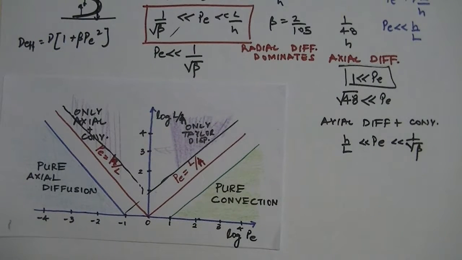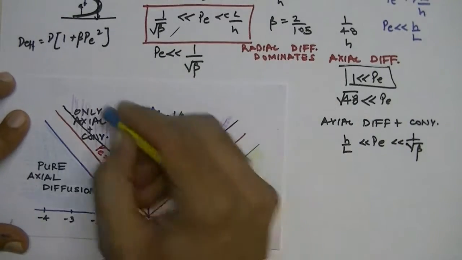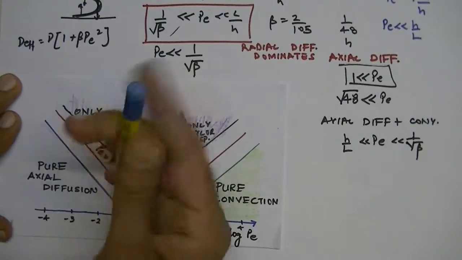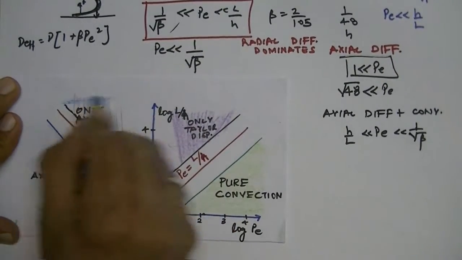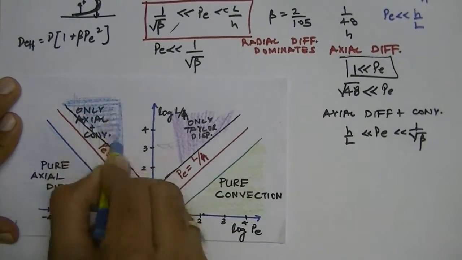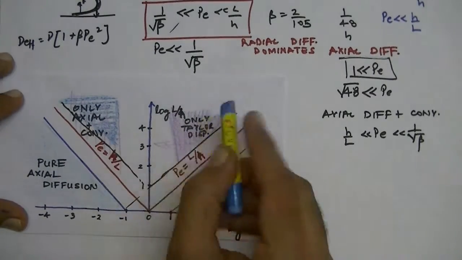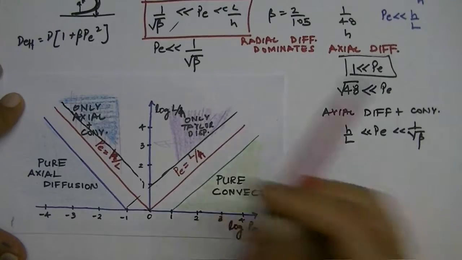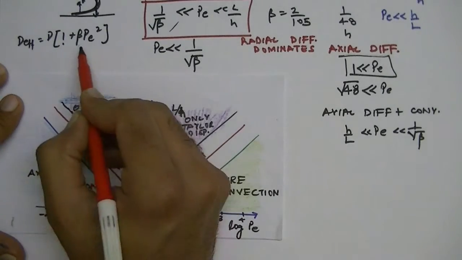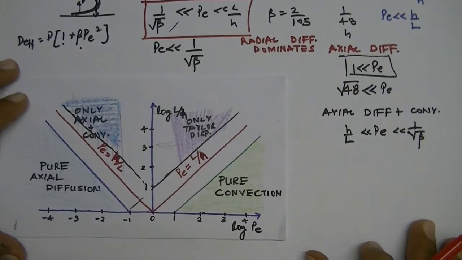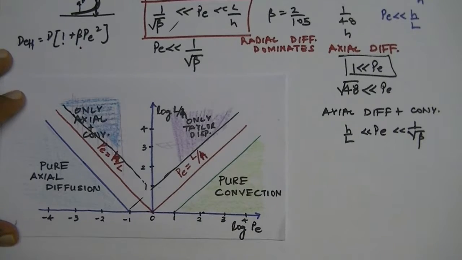So this regime is actually the only axial diffusion plus convection. So this is actually that regime, and in between these two regimes we have both the axial diffusion as well as the Taylor dispersion term, which contribute to the effective diffusivity.